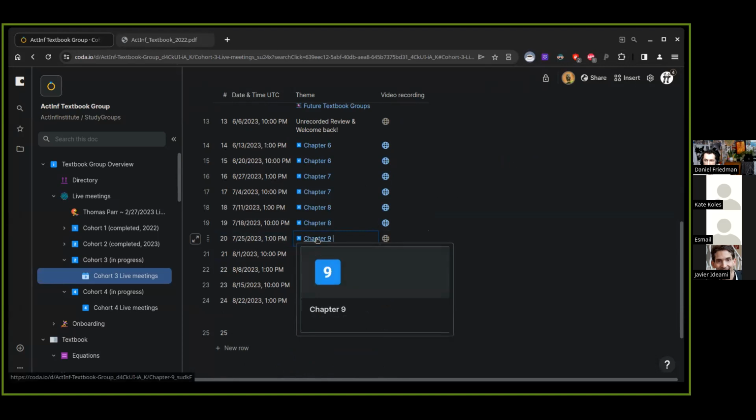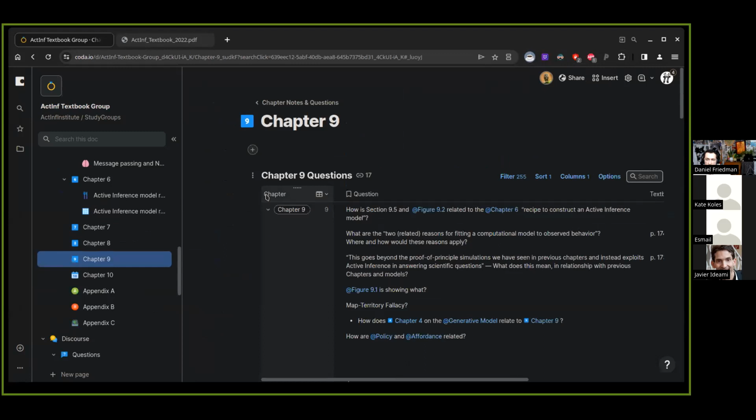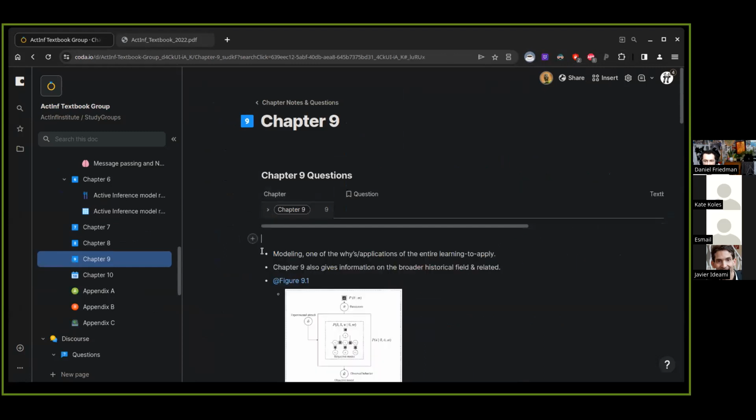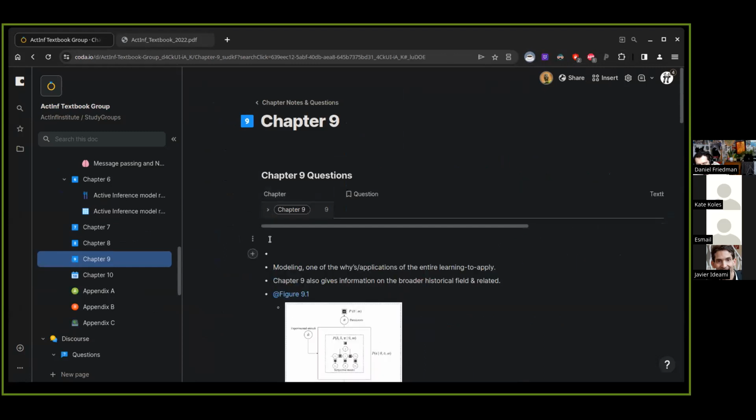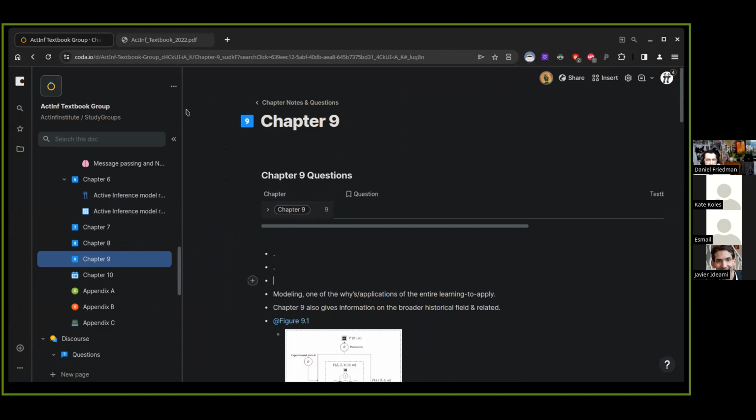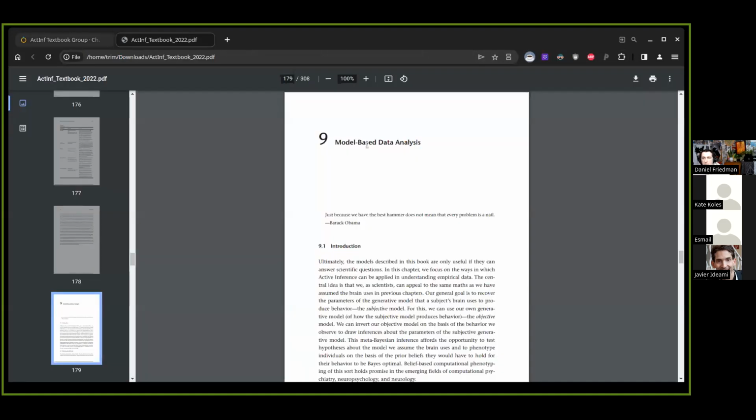So let us head over to chapter 9 and begin, before we go into any questions, with just any general thoughts or comments that people want to bring up about chapter 9. Model-based data analysis.